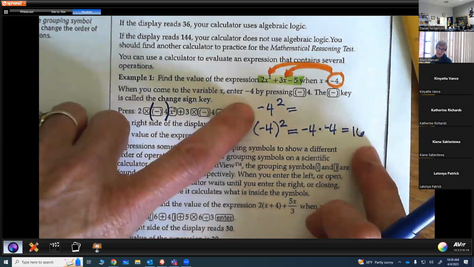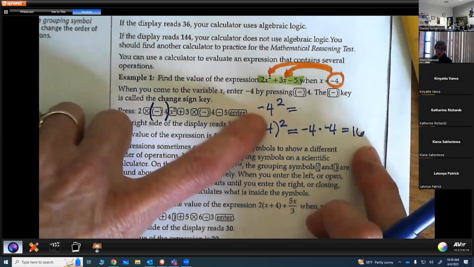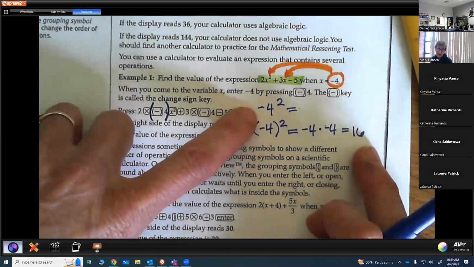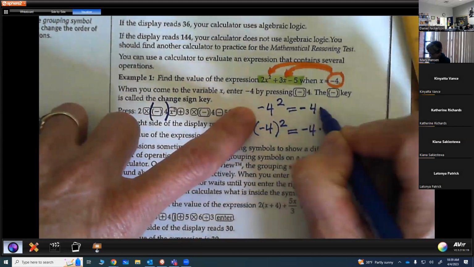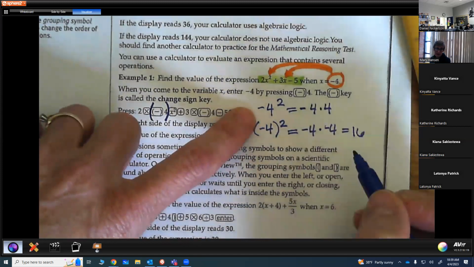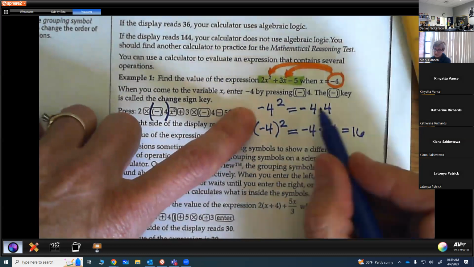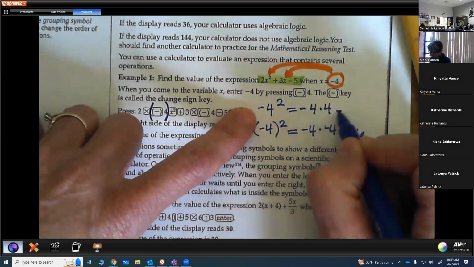The first one says, take 4 and square it, and then the answer is negative. And so that means this is -4 times 4. The signs are different, so the answer is negative.